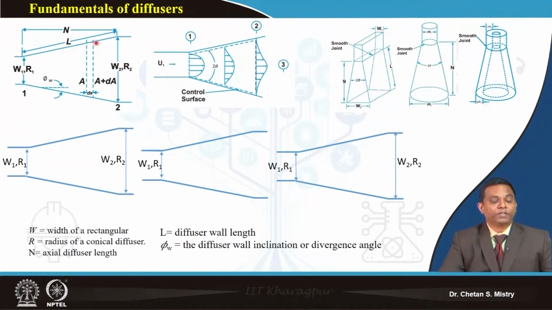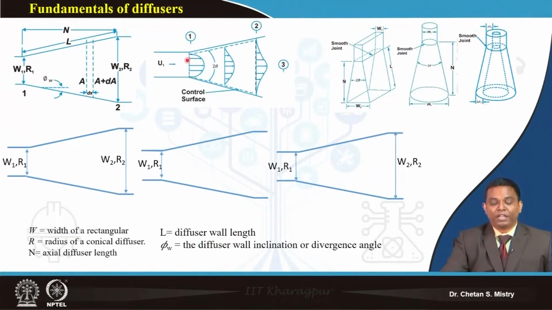This diffusing passage or diverging shape has a certain angle with the wall, which is defined as the diffuser angle. Now, based on our fundamentals of fluid mechanics, suppose the flow entering my diffuser is a fully developed flow. This represents the profile of fully developed flow.